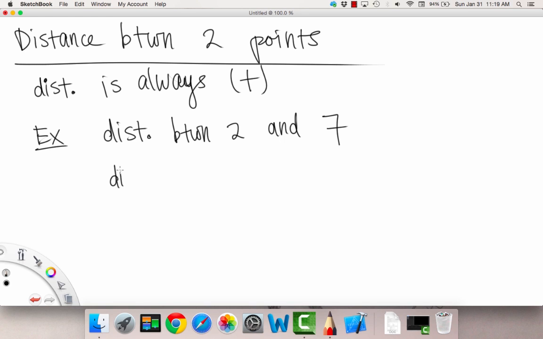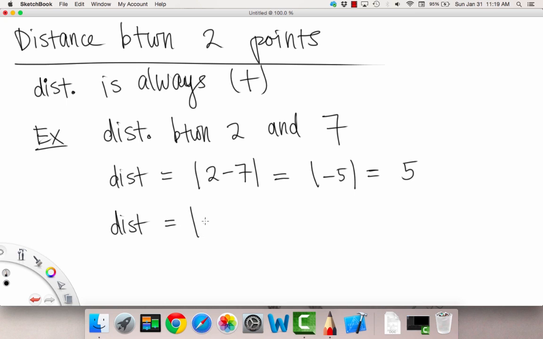Distance could equal the absolute value of 2 minus 7, because this gives us the absolute value of -5, and the absolute value sign turns everything positive. So this just pops out a +5. Or we could do it the other way. Distance is equal to the absolute value of 7 minus 2, which is equal to the absolute value of 5, which doesn't really change the 5, but it just spits out a +5 as well.